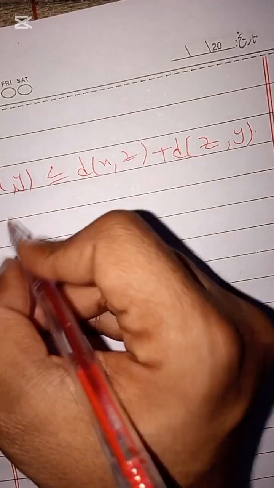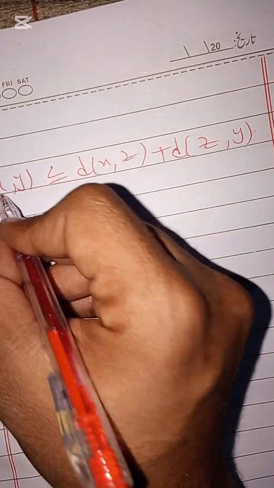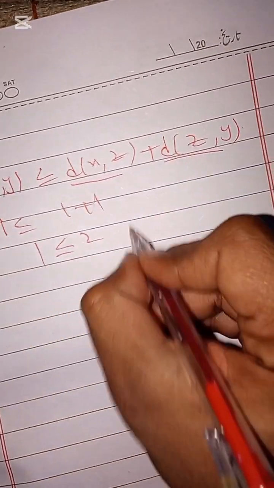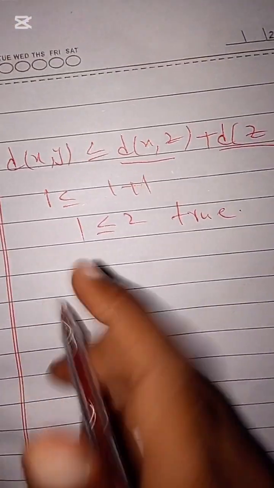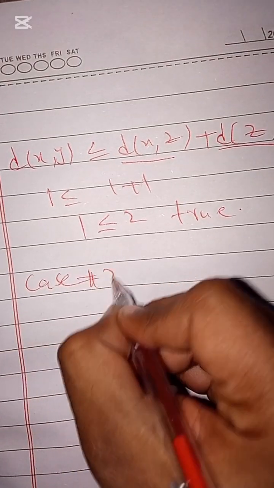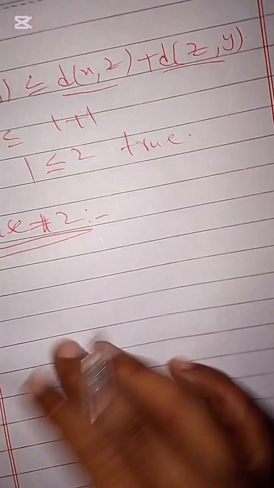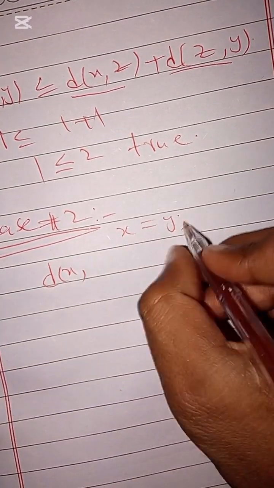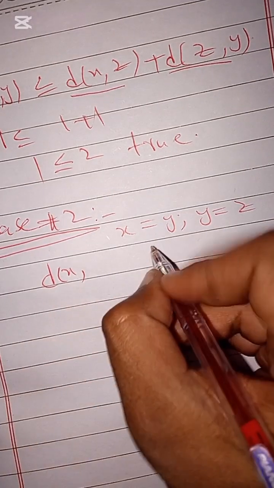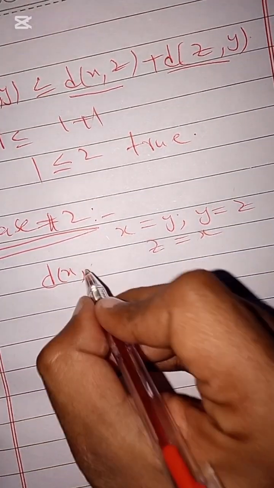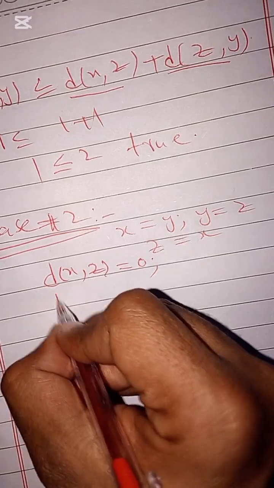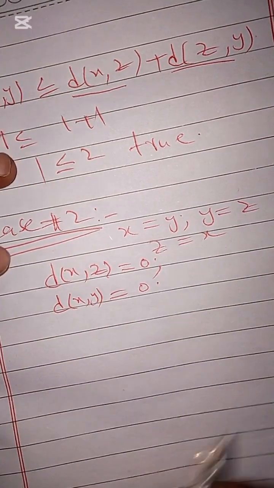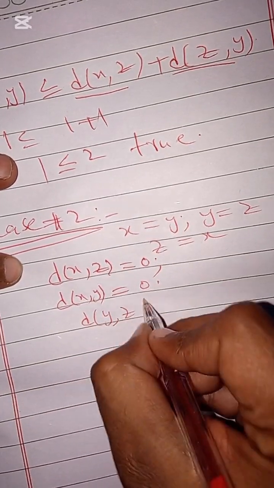So let's check it. The distance between x and y is 1, and the right side is 1 plus 1, which is 2. 2 is greater than or equal to 1. This is true, so this is satisfied. Now let's take case number 2. When x equals y, y equals z, and z equals x, then the distance of xz is equal to 0, the distance of xy is equal to 0 according to the definition of the metric, and the distance of yz is also equal to 0.